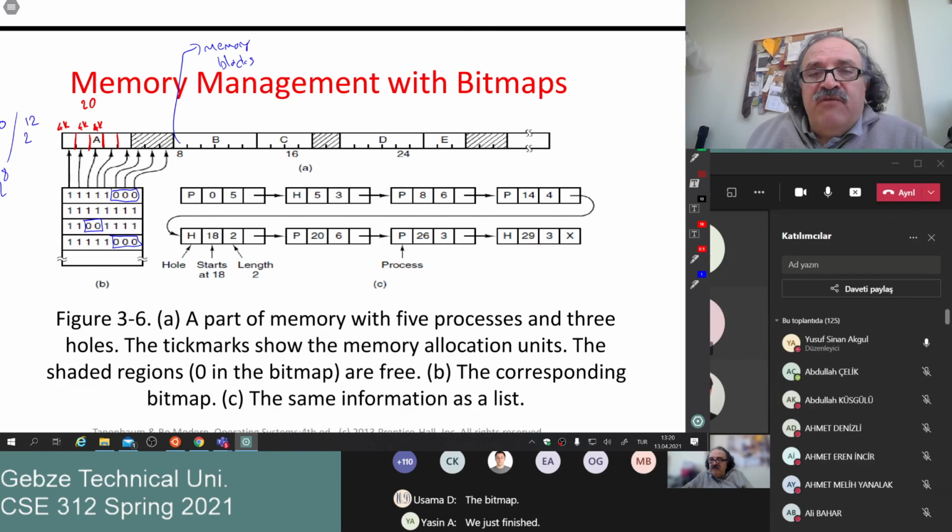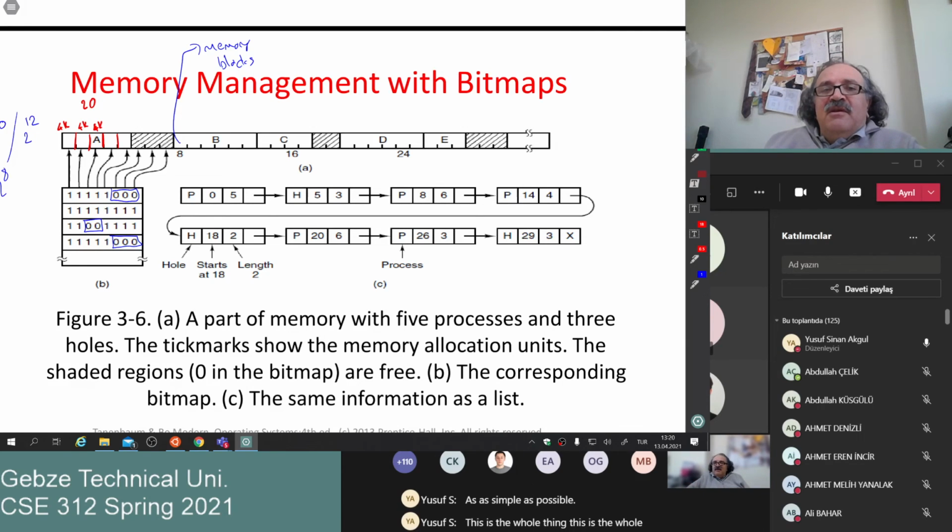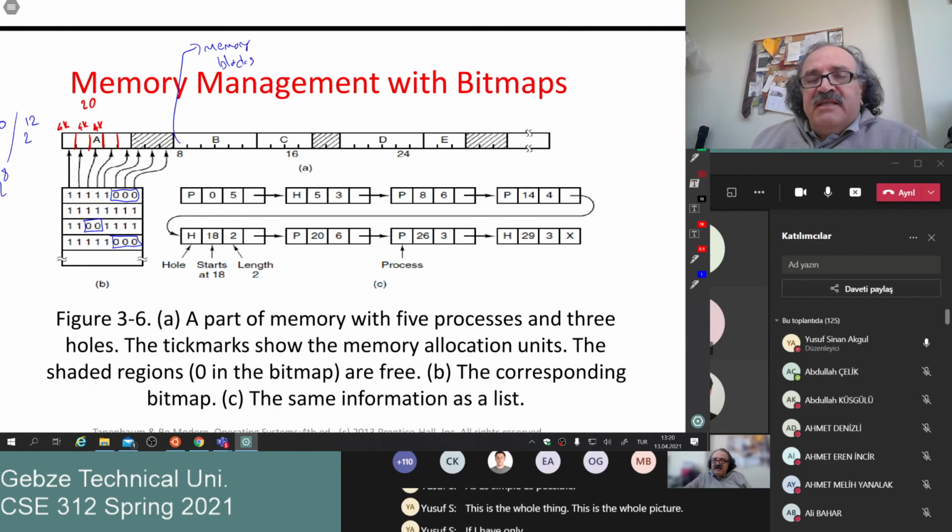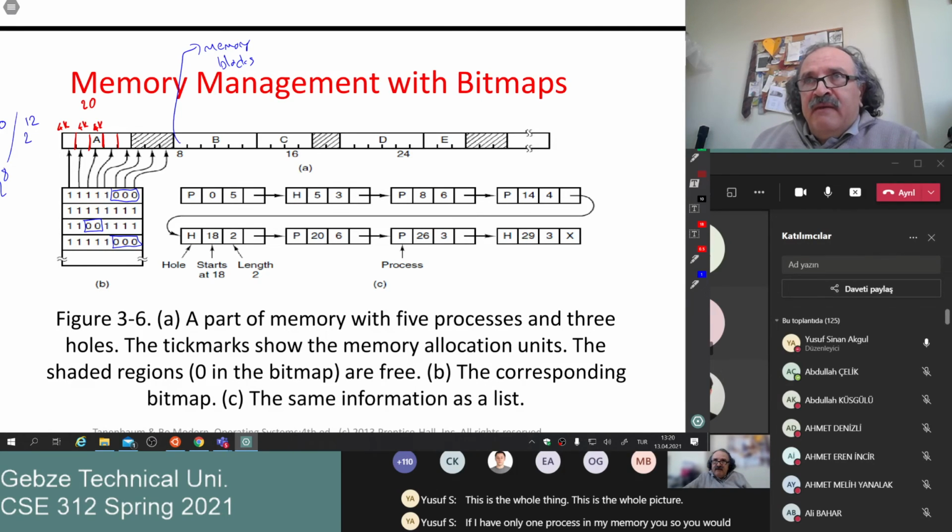If you have only a few processes, you like bitmap better? Yes. What kind of system is it? As simple as possible. I mean, this is the whole picture. If I have only one process in my memory, you would prefer the bitmap. Why?